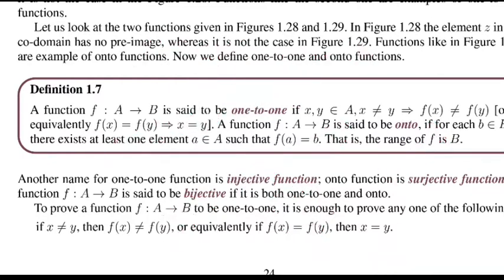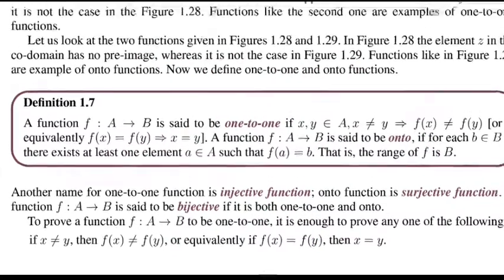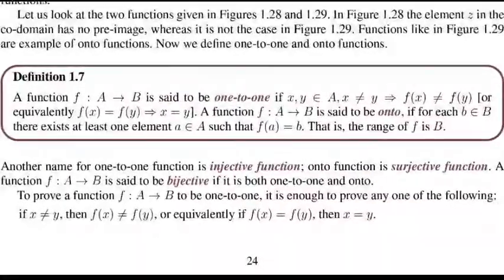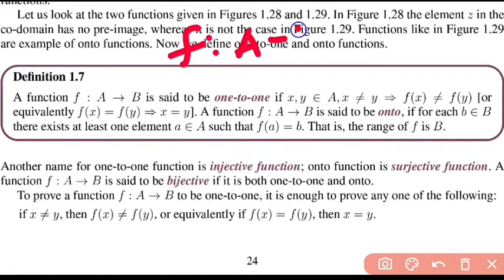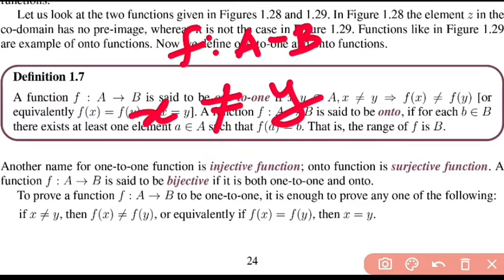Okay, I repeat, if f from A to B, and x and y are given as points, we have to take not equal to; if the function is given, we have to take equal to. So here they gave the points, then f of x is not equal to f of y.